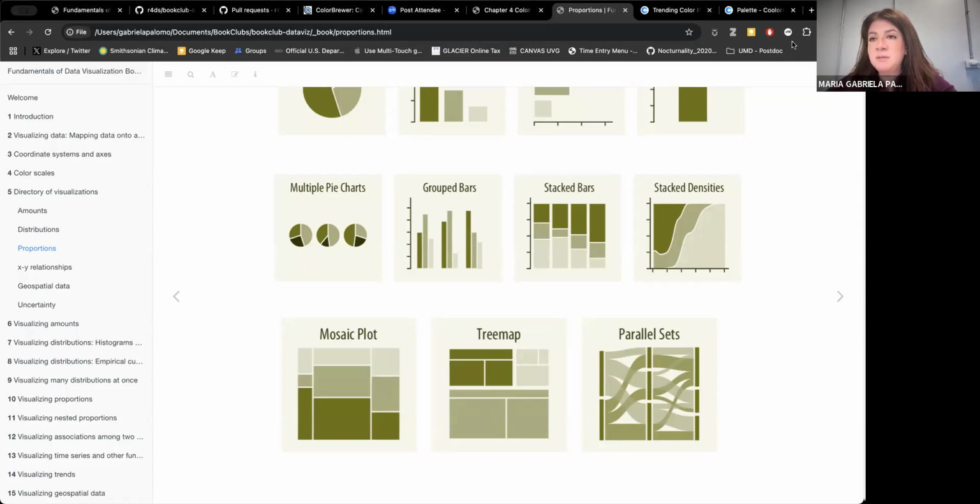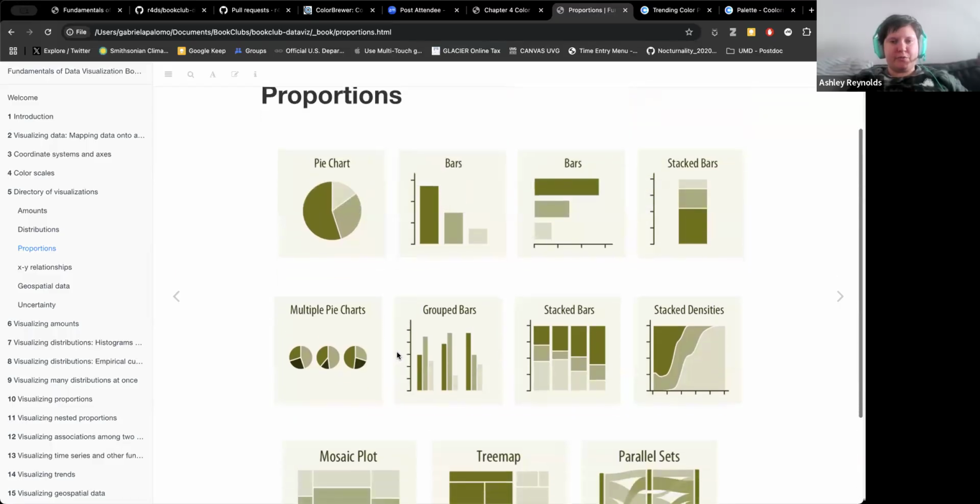Ashley, do you have an opinion on that? Yeah, part of the reason why pie charts are often discouraged is because we as a species tend to have trouble differentiating the size of areas. So, like you said, the mosaic plots and the tree maps kind of don't work with that.